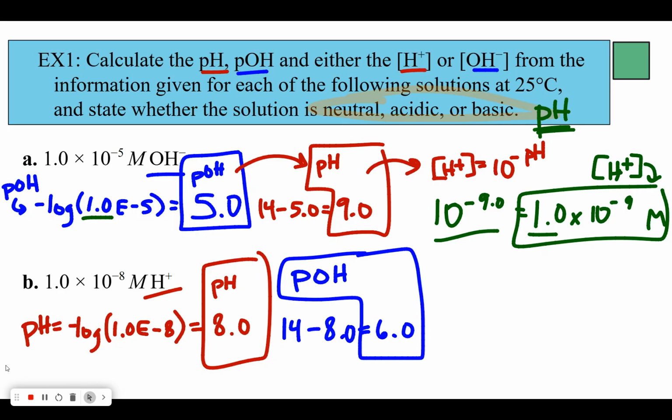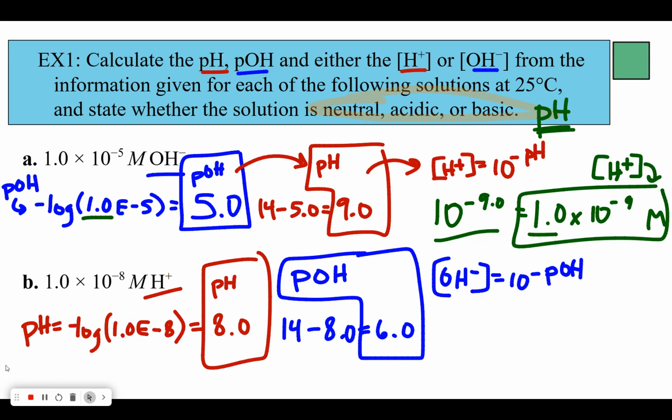And now when I find my OH concentration, like I did last time, I'm just going to go through the 10 to the negative route. I know the equation's not on the equation sheet, but it's easy to remember. On a lot of calculators, you push second and then the log button, and that's the exponential, the 10 to the power.